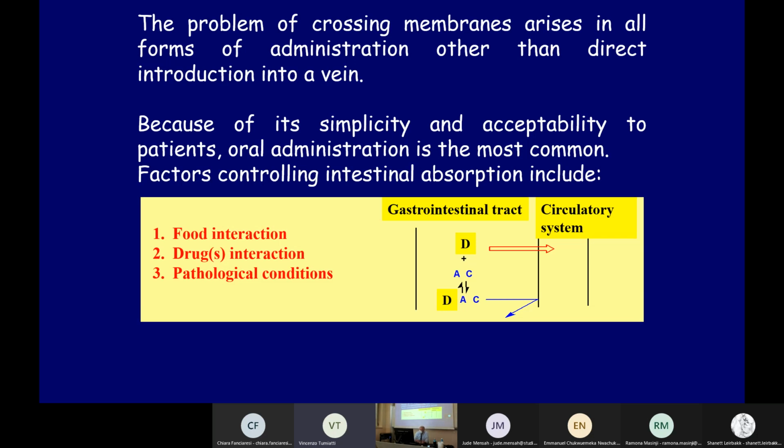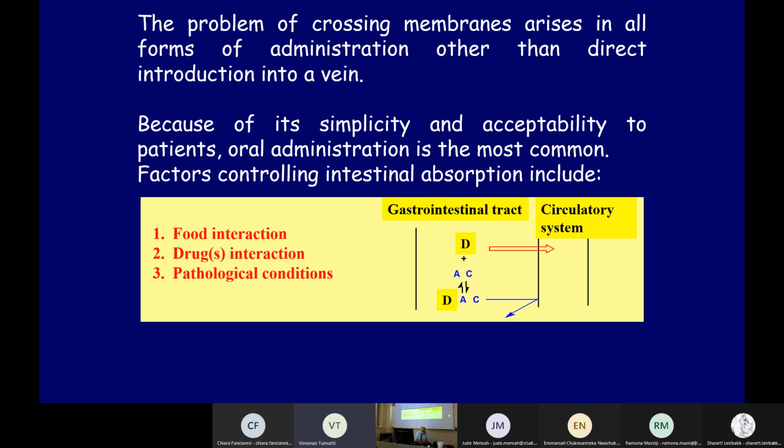Food interaction. Some drugs can react chemically and physically, so they cannot be absorbed inside the intestine. Drug interactions.